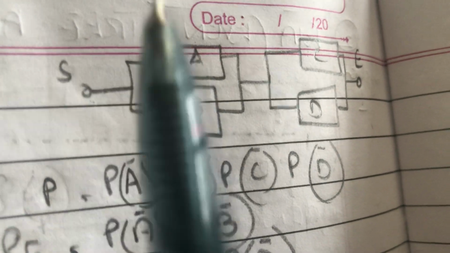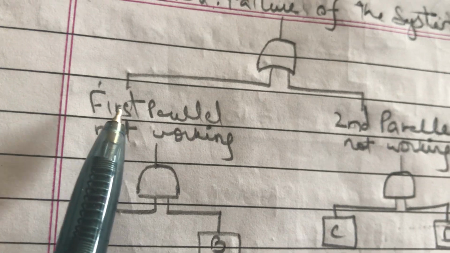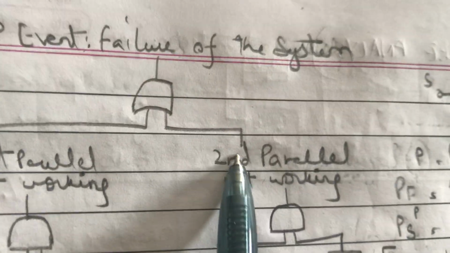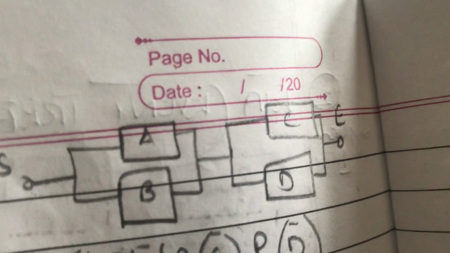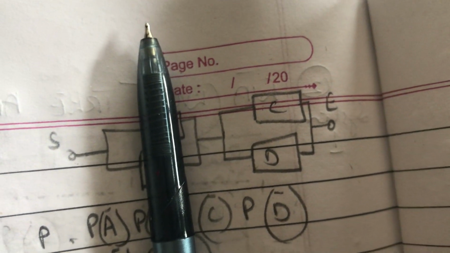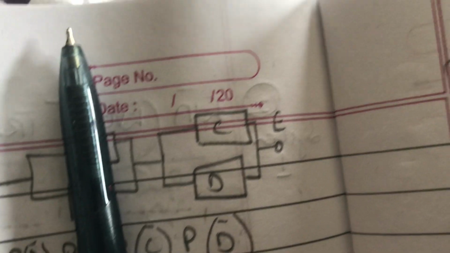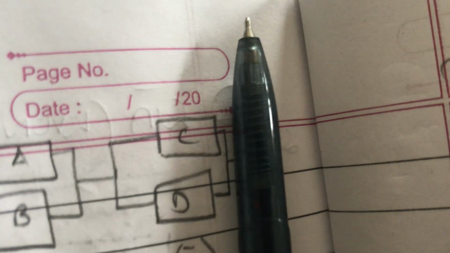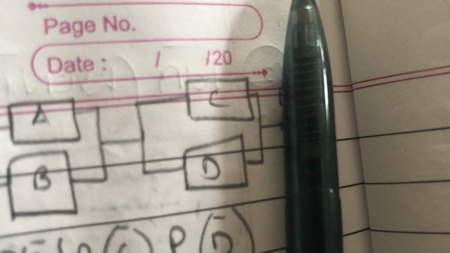We say this is the first parallel and this is the second parallel. So what is the possibility that the first parallel is not working and the second parallel is not working? If this parallel is not working, even if this one is working there would be no use, because if this is not working there would be no output and our system won't work.